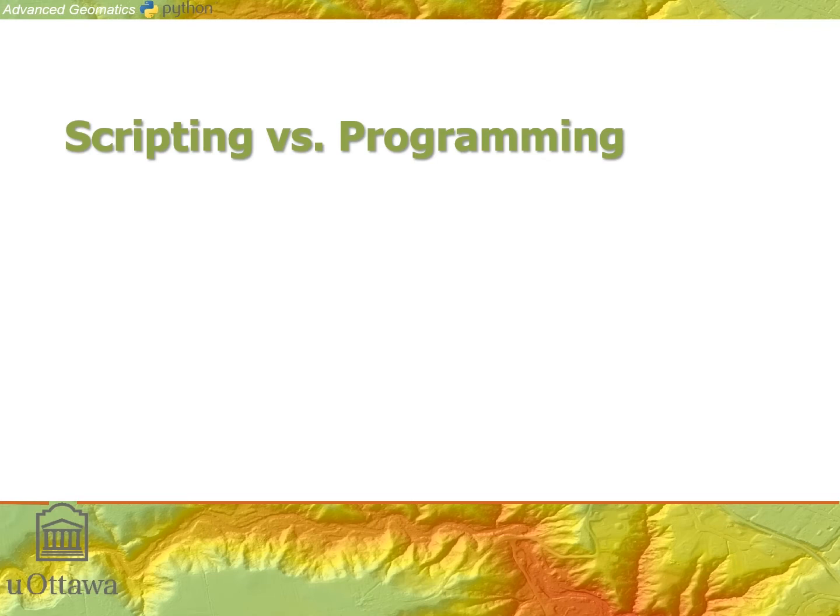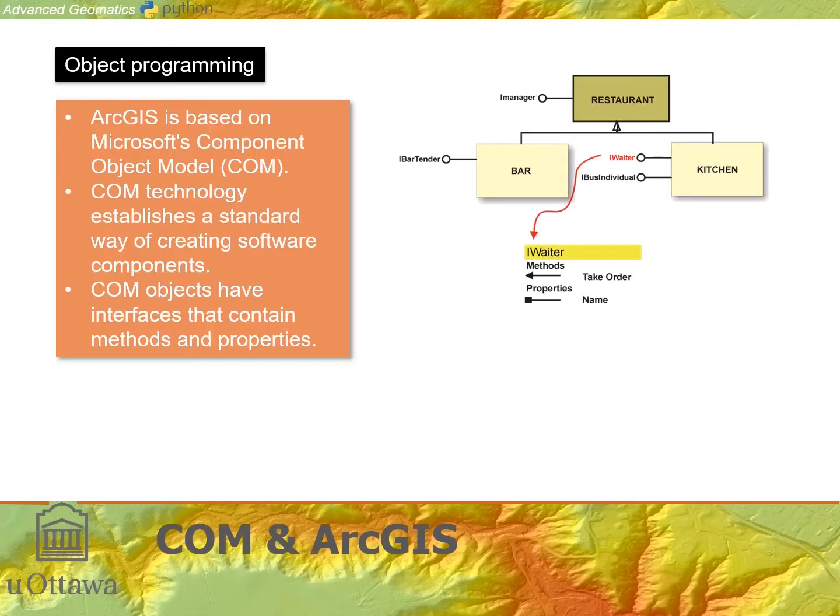So often we want to know what's the difference between scripting and programming, and there's no difference really. Now, object-oriented programming is one in which things that you work with as part of a software like ArcGIS Pro are built on an object model basis.